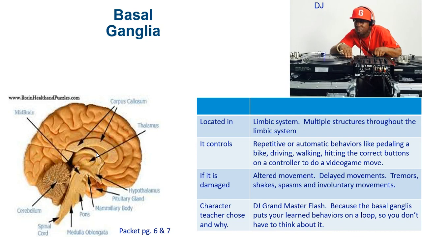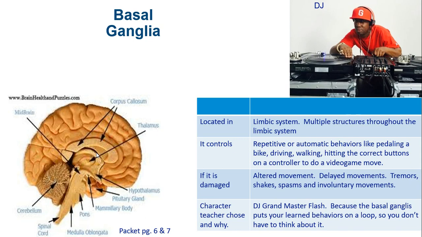Your body, your basal ganglia, does that for you. And it frees your frontal lobe and your executive functions to do other things like drive to where you have to go, think about the directions, talk to someone who's biking with you, right? And so, because you can put certain behaviors on a loop, it frees your executive functions to think about something else.